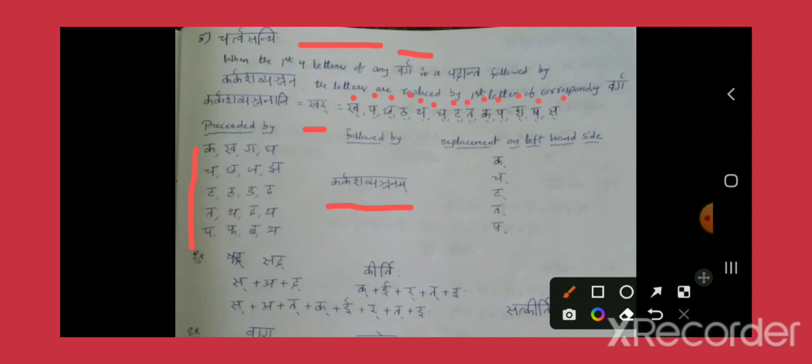So when any of the first four letters of any varga is a padanta and followed by a karkasha vyanjanam, then what will happen? Replacement will happen on the left hand side. So these letters will be replaced by the first letter of the corresponding varga.